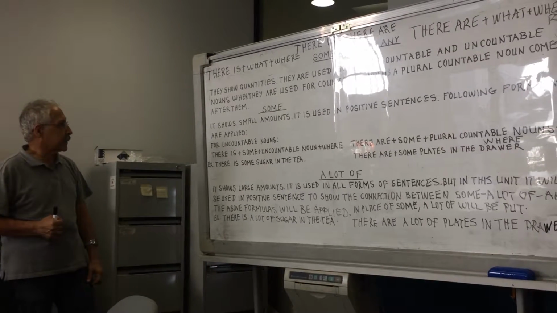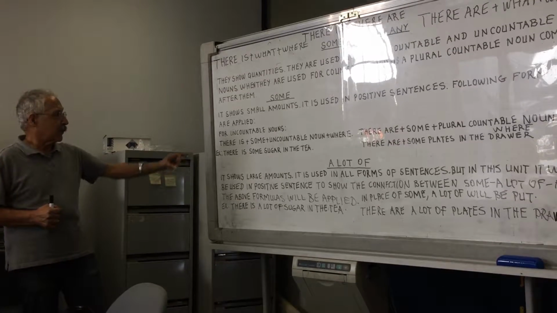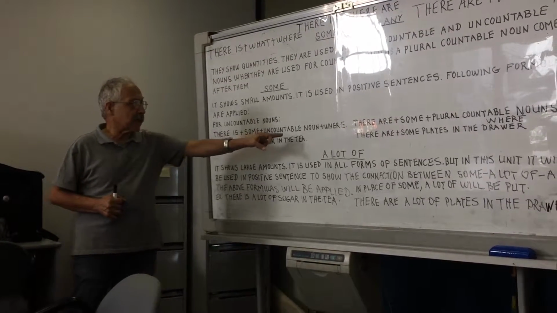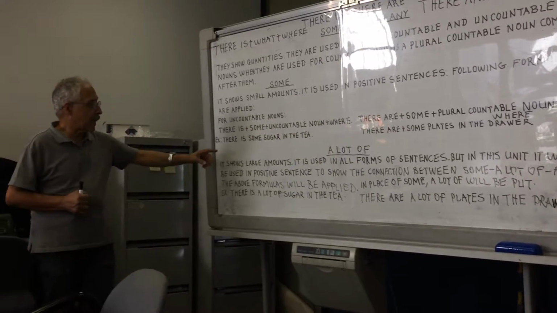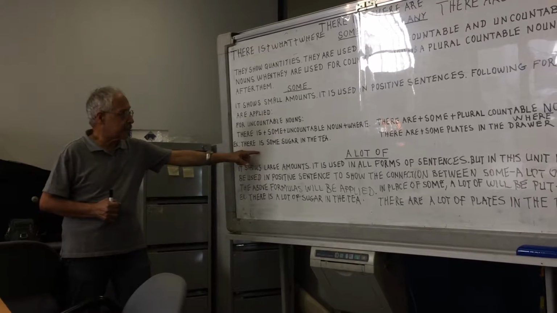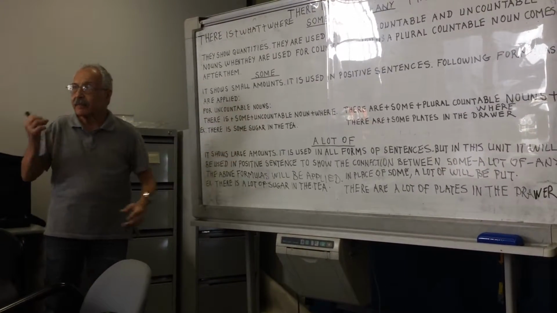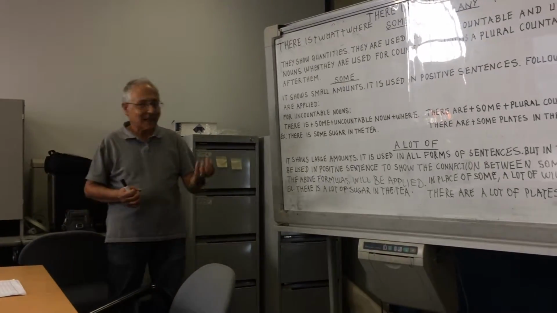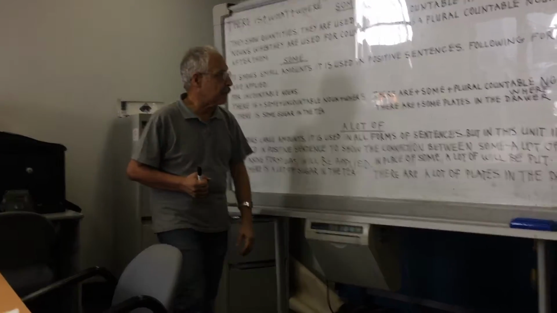The following formulas are applied. For uncountable nouns, there is plus some plus uncountable noun plus where. Example, there is some sugar in the tea. It means there is little sugar in the tea.